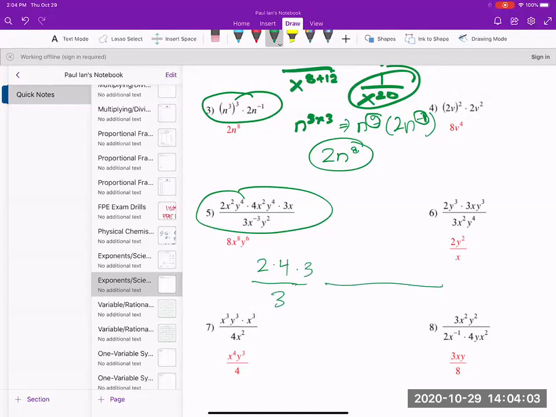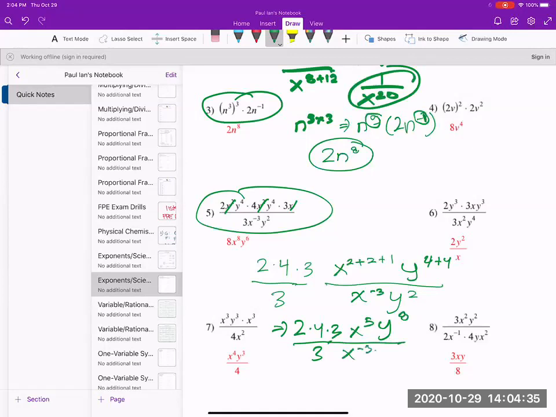And then you have this x squared twice, so x to the 2 plus 2, right? Yeah. And plus 1. And then you also have this y, 4 plus 4, right? Yeah. And you have x to the minus 3, y squared. Let's simplify that. So 2 times 4 times 3. And so that's going to be x to the 5th, y to the 8th. And then you have x to the negative 3, y squared.